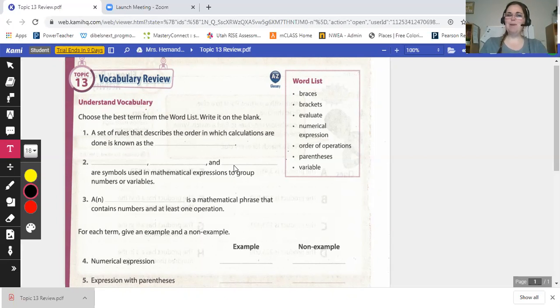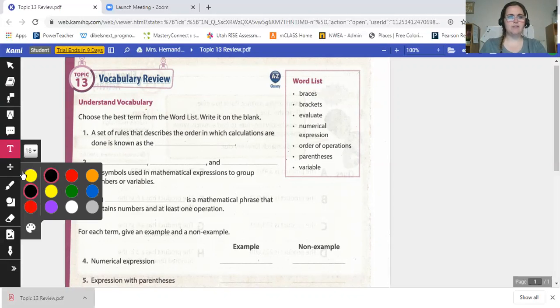All right, so number one, we're going to choose a word from this word list and write it on the blank. It says a set of rules that describes the order in which calculations are done is known as the braces, brackets, evaluate, numerical expression, order of operations, parentheses, or variable. Well, I know for sure it's not braces or brackets or parentheses, so those are already gone. It could be any of the rest, but let me look for some keywords.